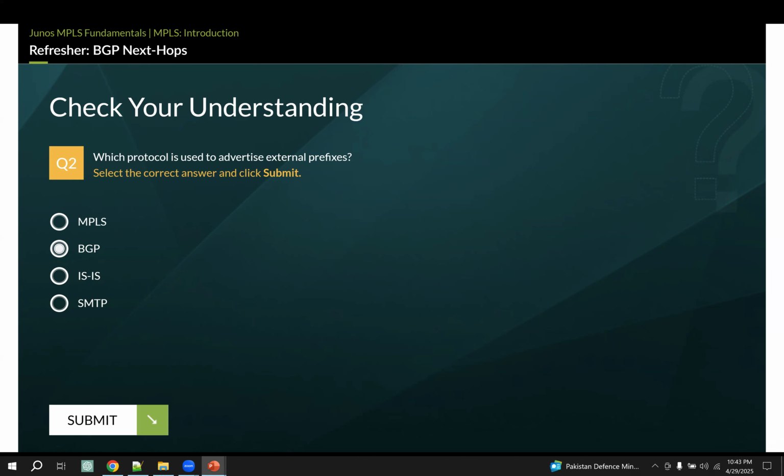If you consider the internet, the only protocol is BGP. There is no alternative. So when you advertise some prefixes to another ASN or external organization, that should be BGP. It can be upstream, it can be downstream. Both are external.